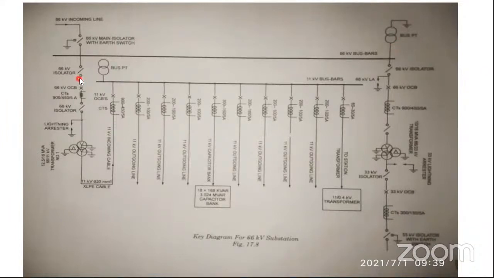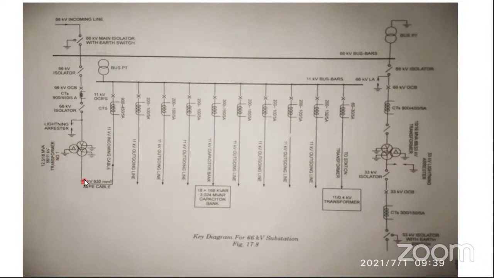We have a 66 kV isolator followed by an oil circuit breaker, followed by a current transformer, followed by an isolator and a lightning arrestor. Then it is connected to a transformer. What is this transformer? A 66 by 11 kV transformer. This is transformer number one.